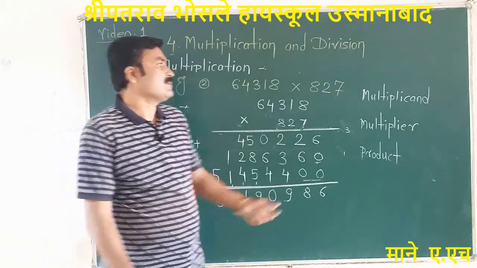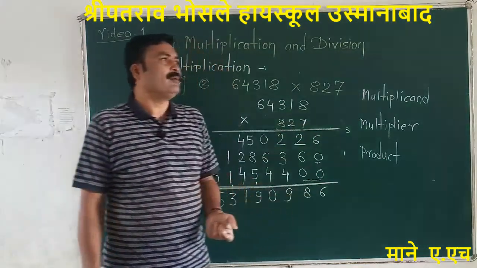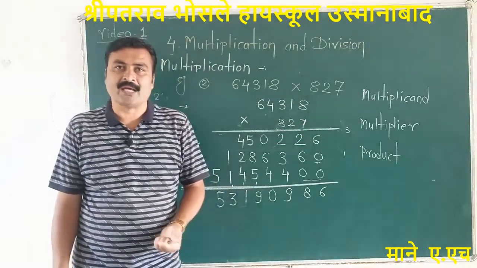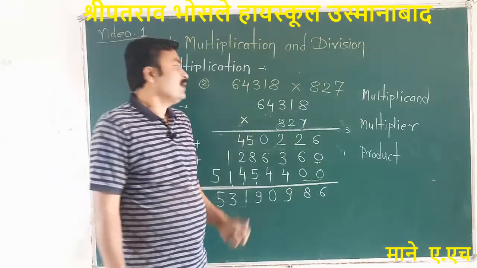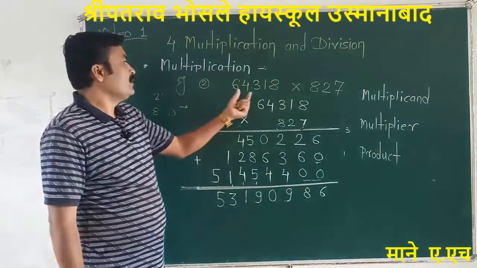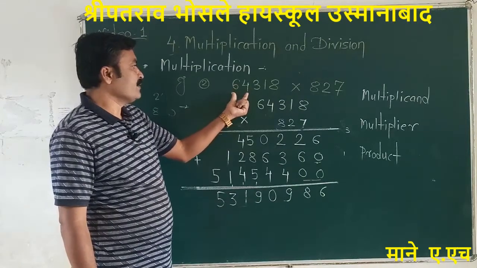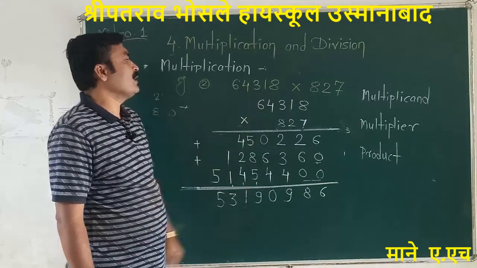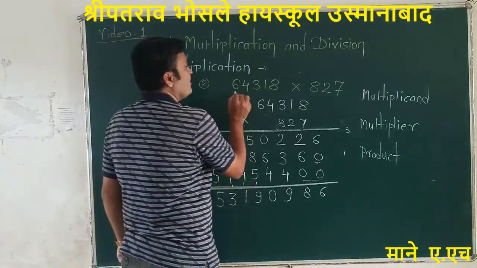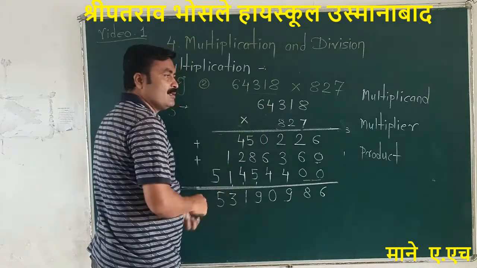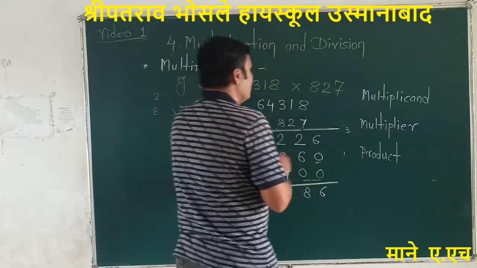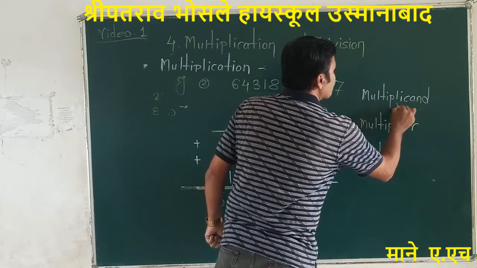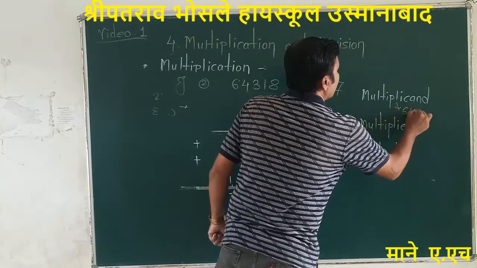Now the concept of multiplicand: the number which we have to multiply is always called the multiplicand. That means in the given example, the number that is multiplied here, 64,318, we had to multiply. So this number is always called the multiplicand.